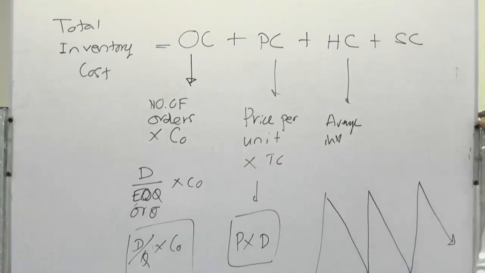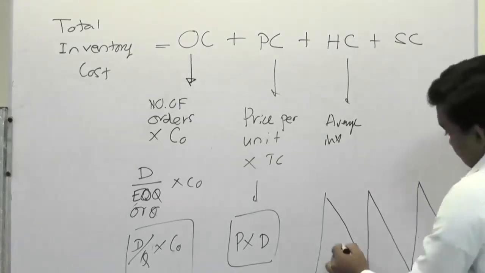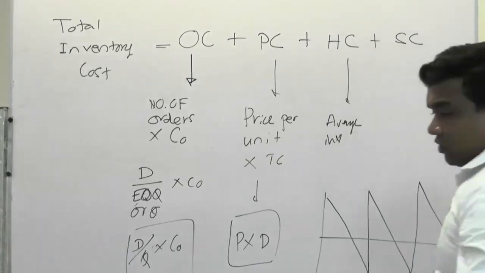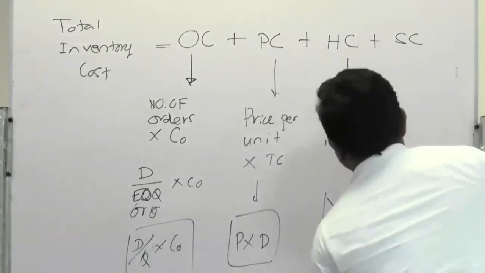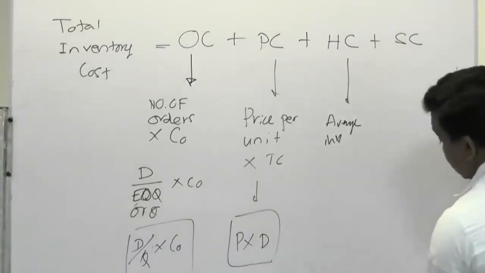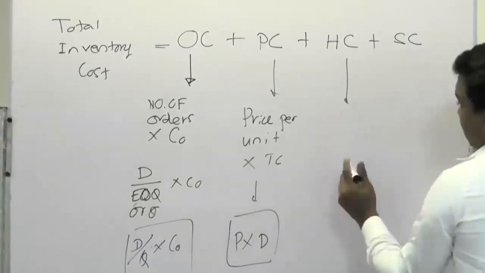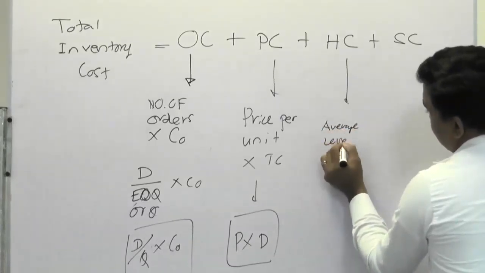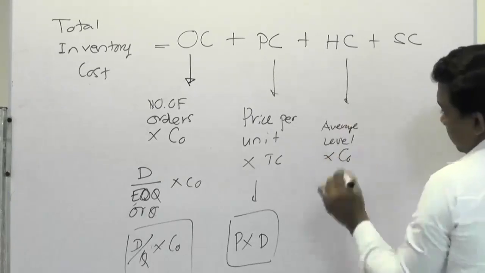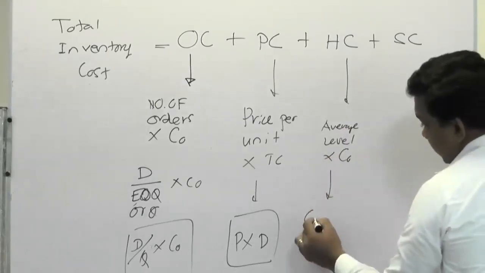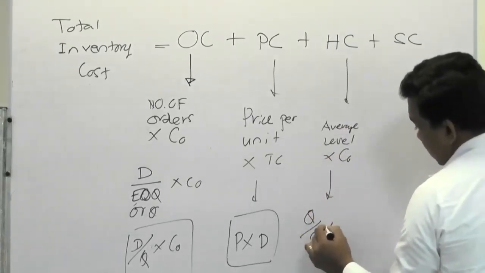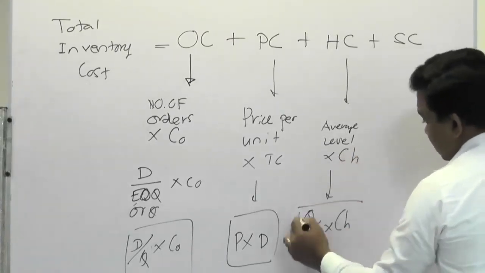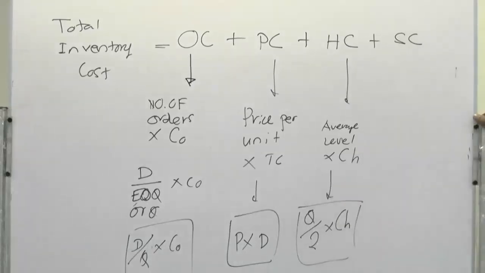Therefore, per day you have the average inventory at the stores. Therefore, we take average inventory to calculate the holding cost. How can you calculate it? You divide Q by 2, then multiply it by CH. This is the holding cost.